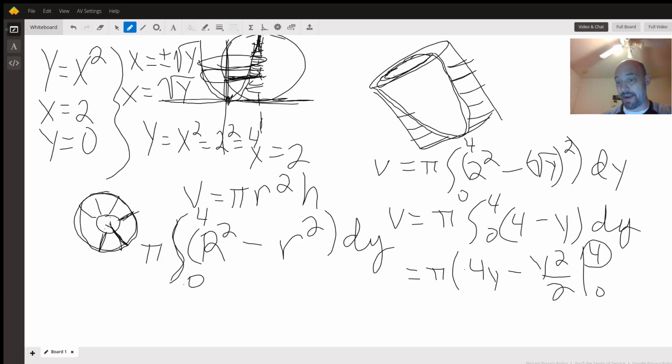Pi times 4 times 4 is 16, minus 4 squared is 16 over 2 is 8. So that's going to equal 8 pi. That's it. The volume rotated about the y-axis in a disk, which actually becomes a washer or a ring, is 8 pi.